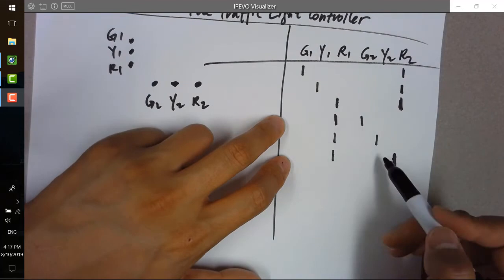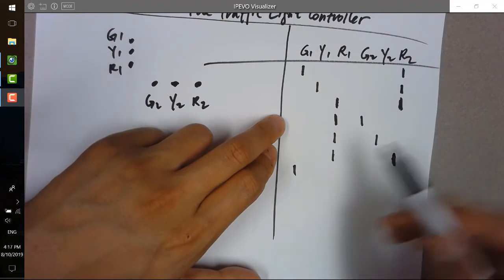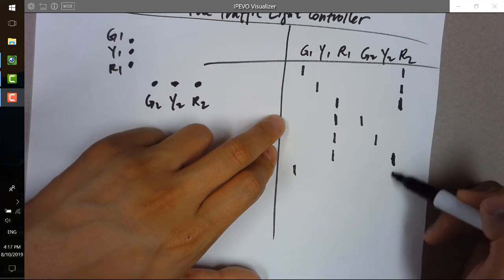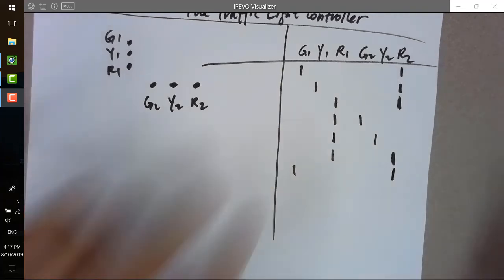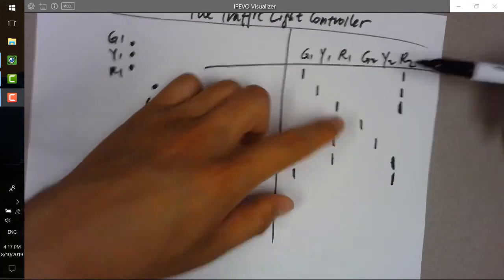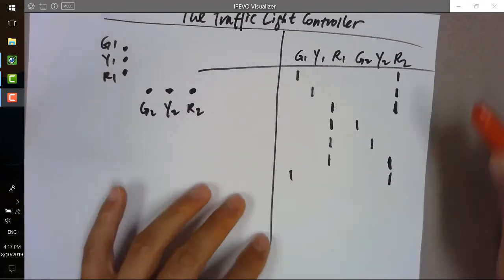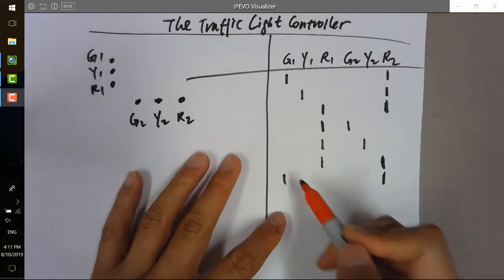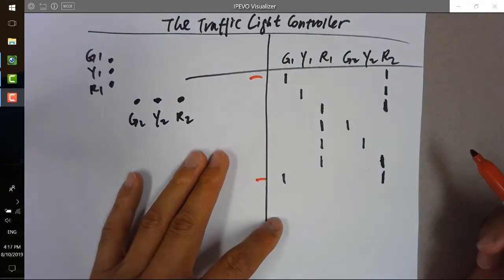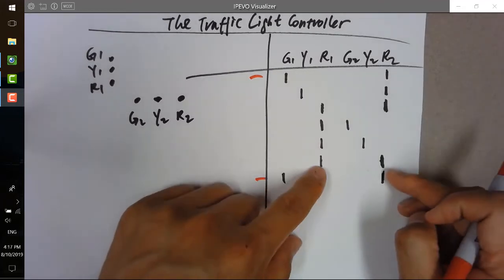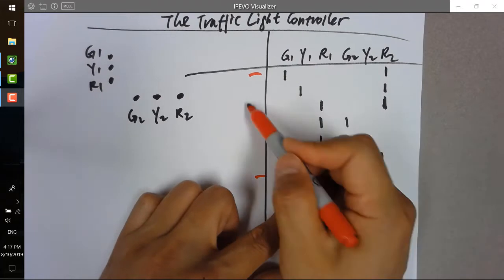And then this one will jump to green, and this one will stay in red. So it just cycles back, okay? And you can find there are a couple of redundant cases. This case and this case are the same, right? And I believe there's another one that has the same case as well.